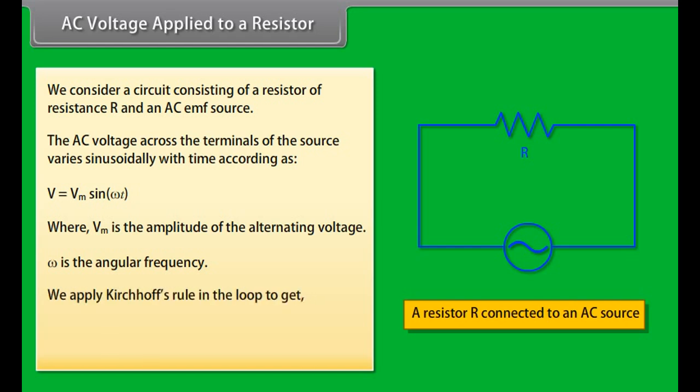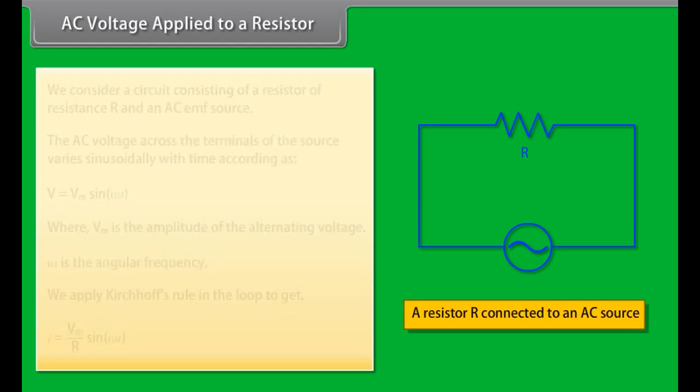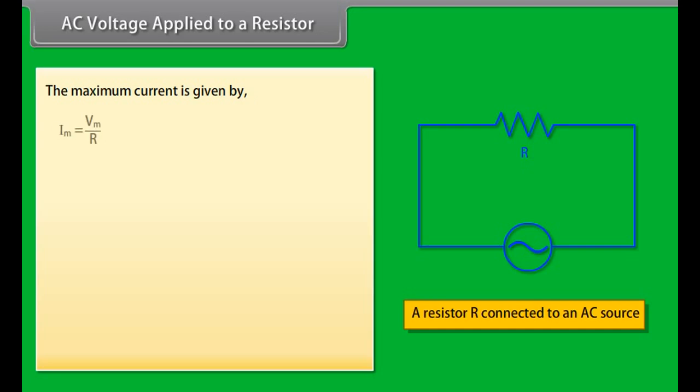We apply Kirchhoff's rule in the loop to get I = (Vm/R) sin ωt. The maximum current is given by Vm/R.